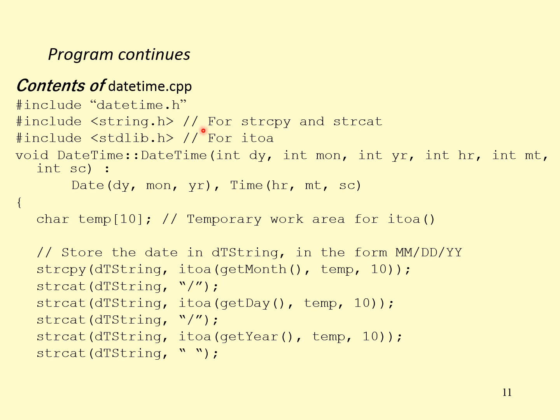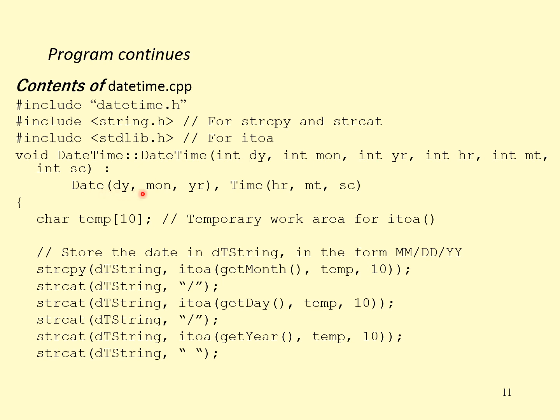Include string.h. This one is from C++, the std library, again still for C++. Void DateTime. In other words, we are calling the constructor of DateTime from the DateTime class, and it takes all those parameters that are present in the Date and the Time constructors.